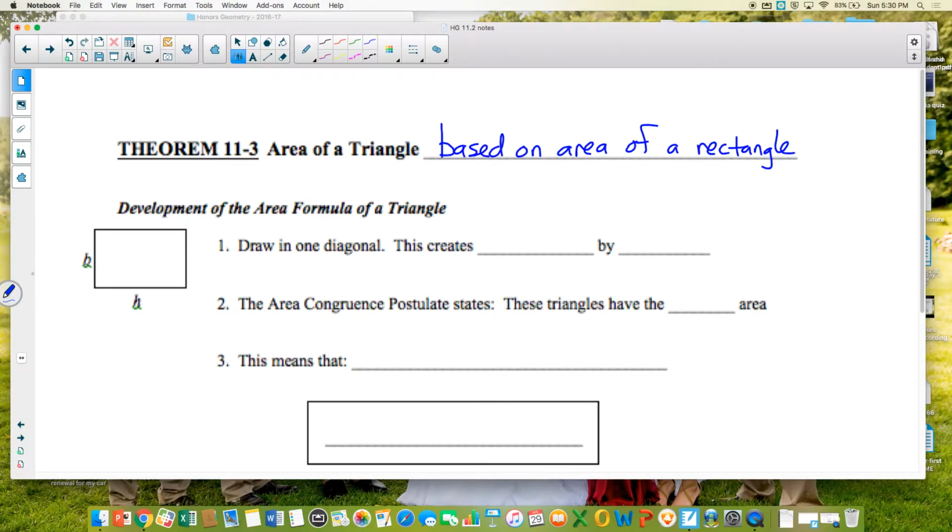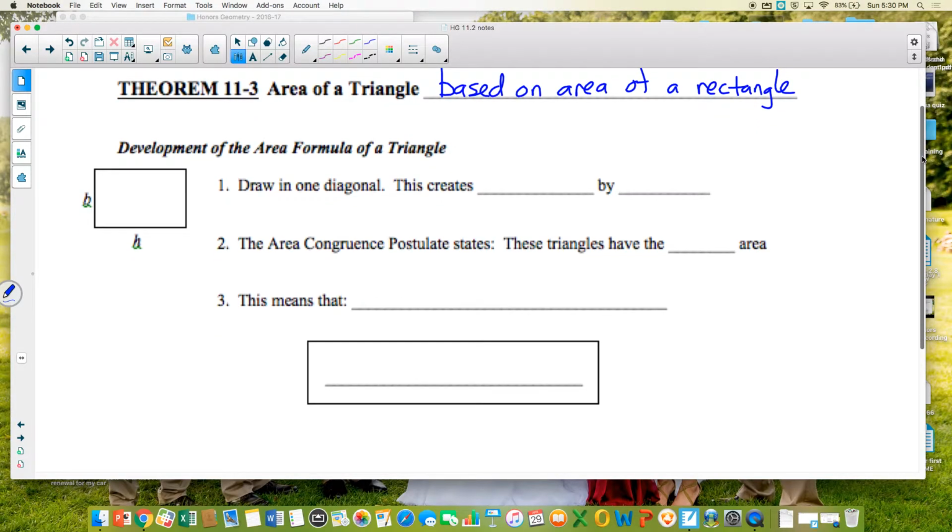And we kind of have a mini short proof on where this comes from. So if we look at the rectangle over in the corner here, the base and height, let's refer to this as our rectangle. What we can do is draw one diagonal, which would be right here. So we draw one diagonal of the rectangle.